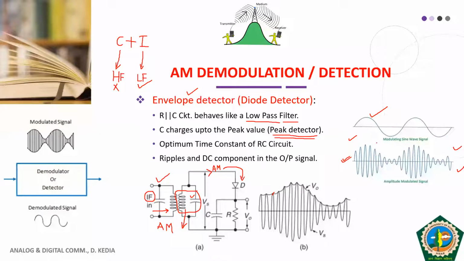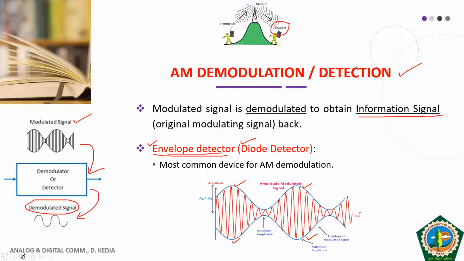Our amplitude modulated signal is this one. I want you to notice one thing. In yesterday's class also, I showed you my AM signal like this, and in this AM signal I represent my modulating signal with this blue line. Students, this blue line is just for representation purposes. In the actual signal, this blue line is not that visible.